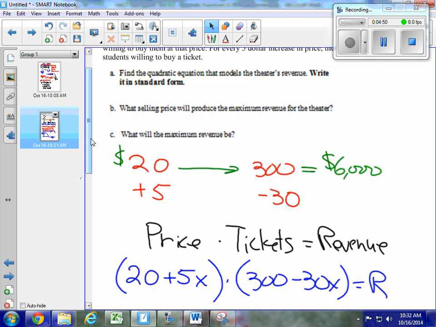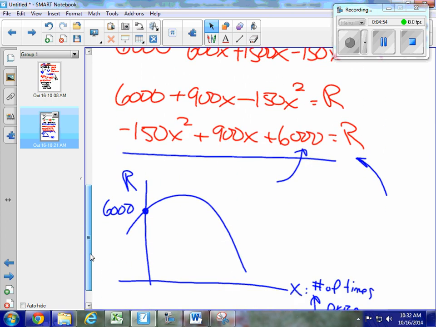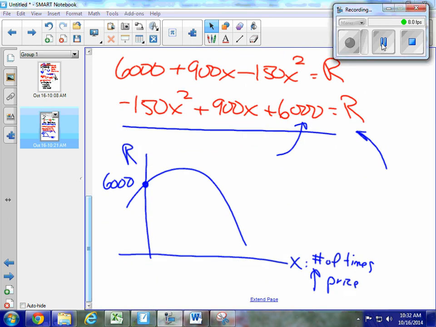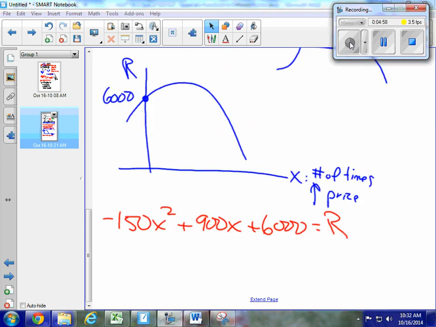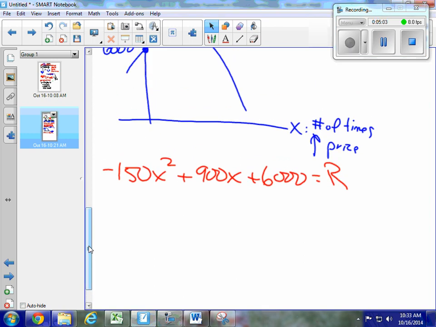So I have the quadratic equation in standard form. I've rewritten it right here. And I need to find out what selling price will produce the maximum revenue for the theater.